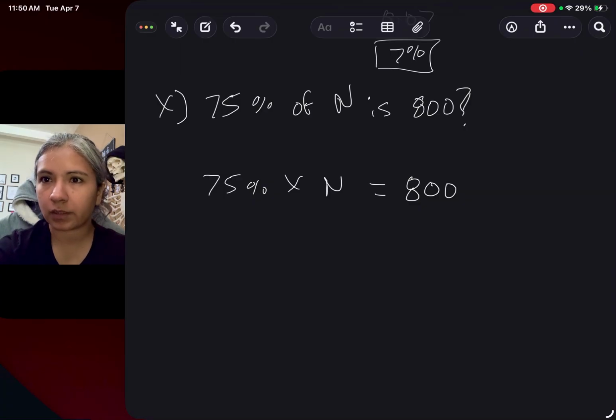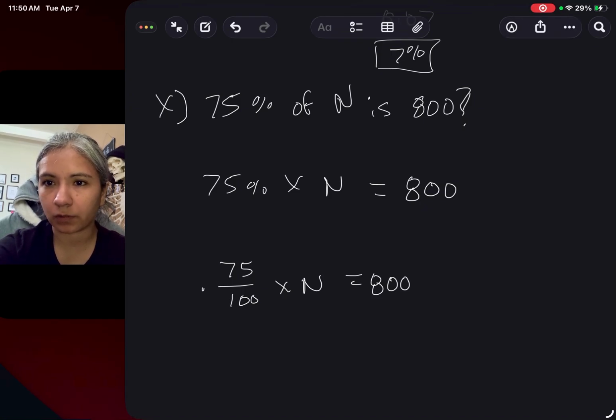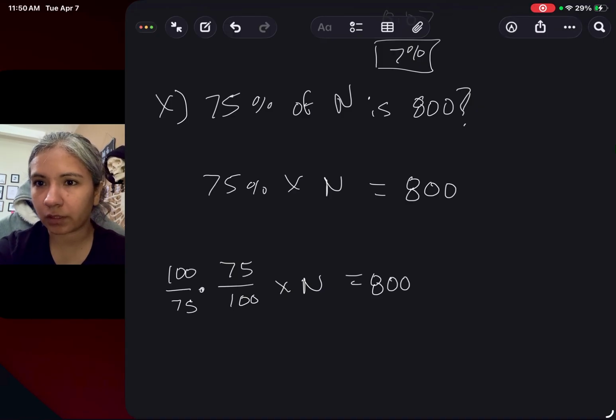So percent is the same thing as the number over 100. So 75 over 100 times what number is 800. So to get the number by itself, we are going to multiply by the reciprocal on both sides to balance the equation. And this all cancels out, right?